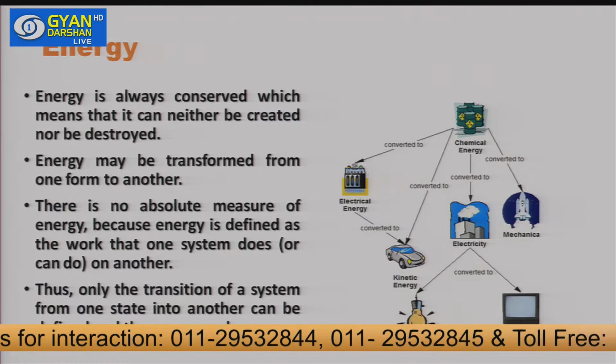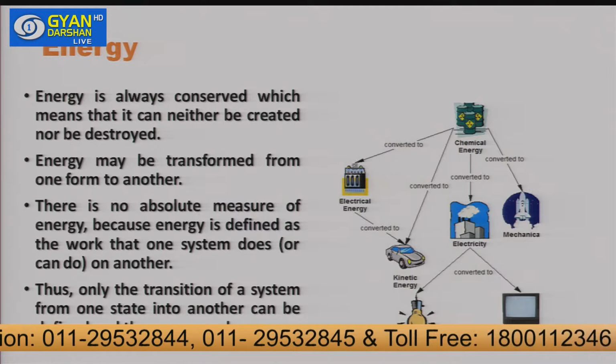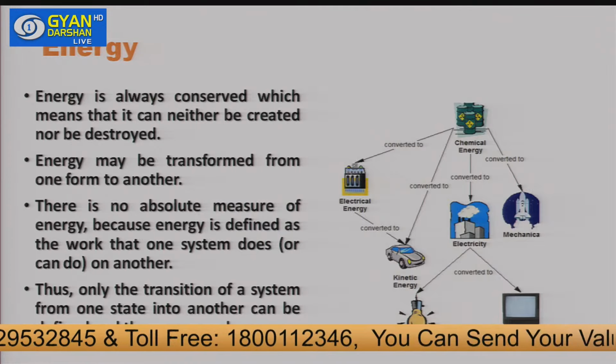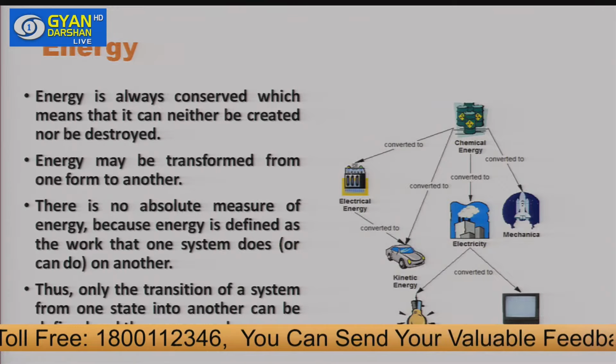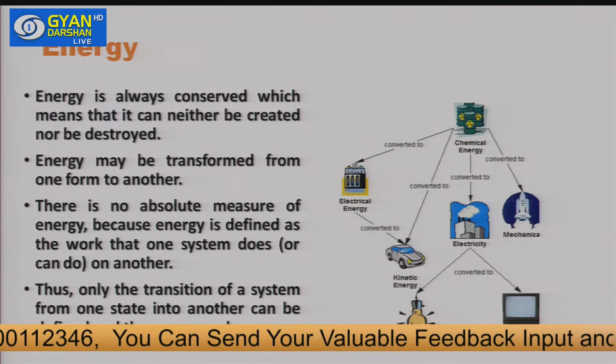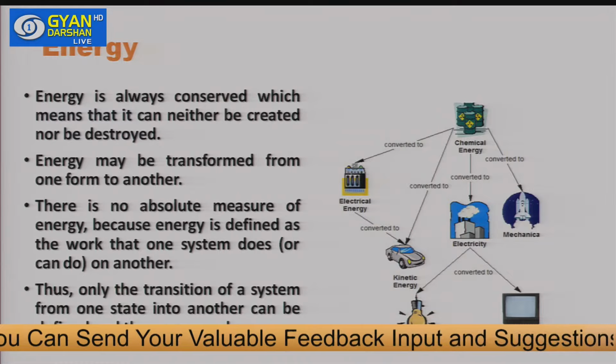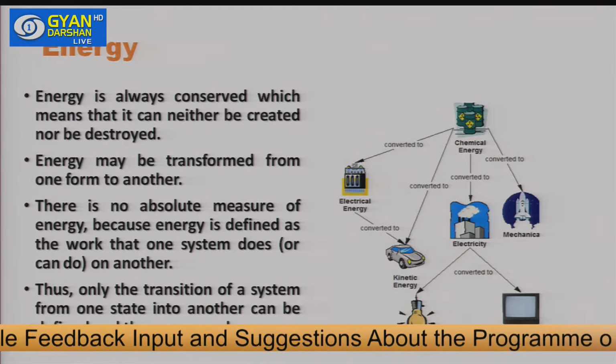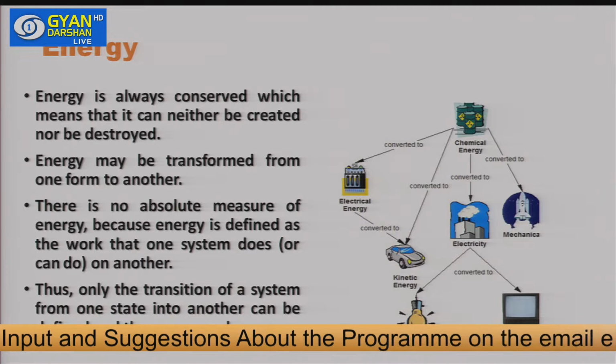For example, in the transportation sector, the chemical energy of the fuel is converted into heat energy, and this heat energy is utilized for mechanical purposes and is converted into mechanical energy.